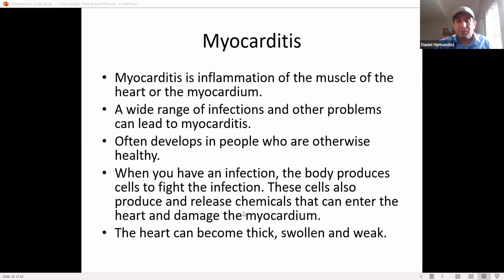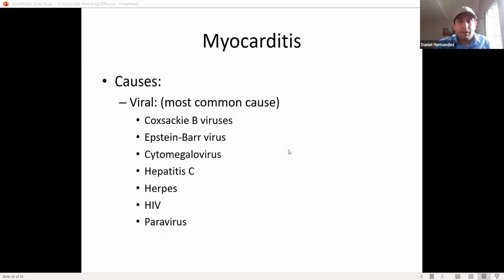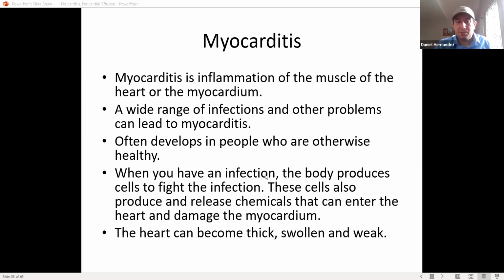Unfortunately, some of those chemicals released as the body's normal immunologic response were attacking some patients and creating cases of myocarditis. Those patients were hospitalized and treated with medications to reduce the swelling and inflammation.